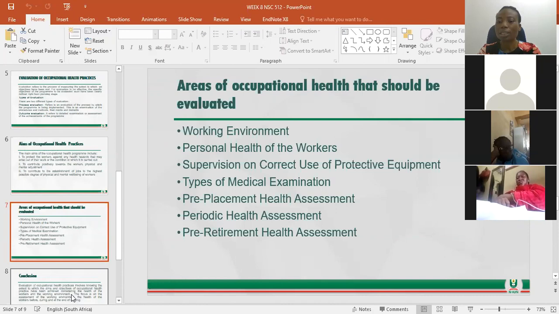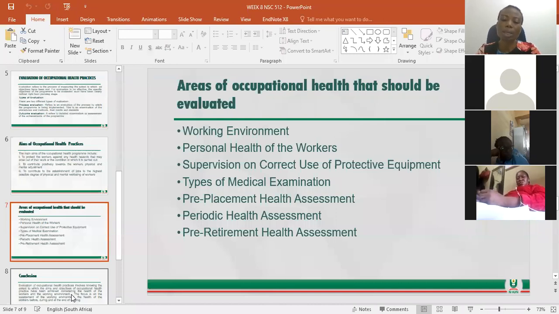After the assessment, you then evaluate it: this person who was assessed is not fit to work in this smoking area. Take for instance somebody who already has hearing problems. You can't put the person in a noisy unit. These are the reasons why you do pre-placement health assessment.